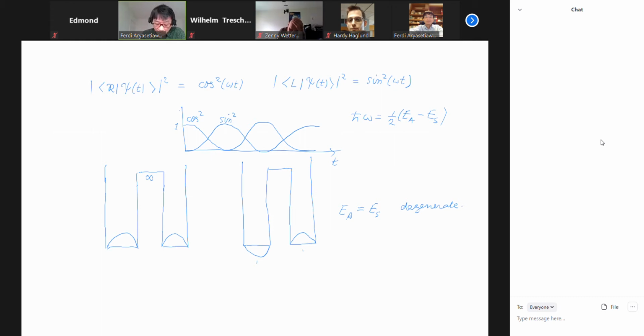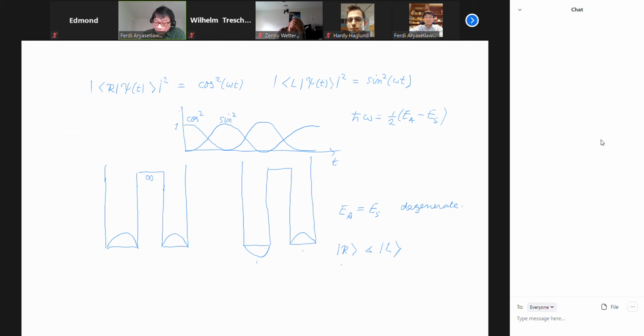And the right and the left solutions are also degenerate, because these R and L are just linear combinations of the symmetric and antisymmetric solutions.